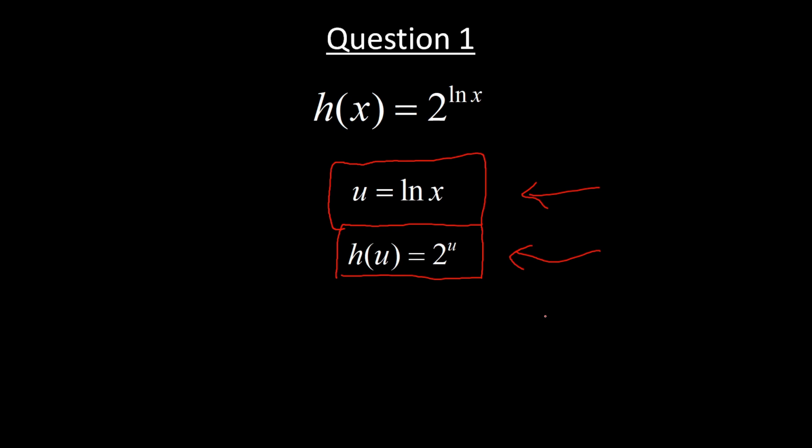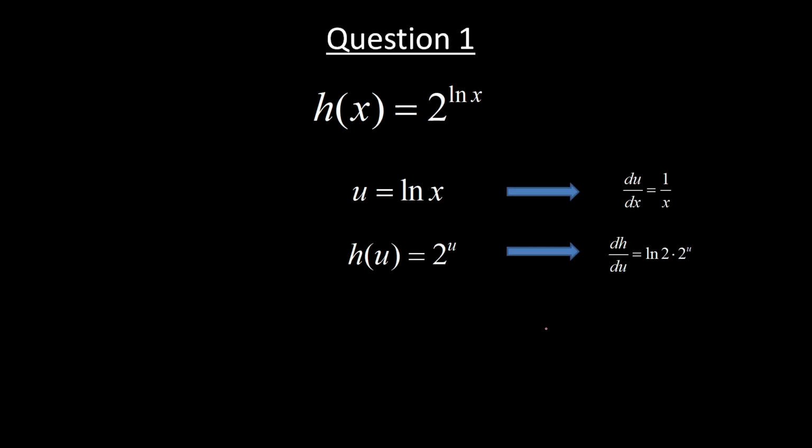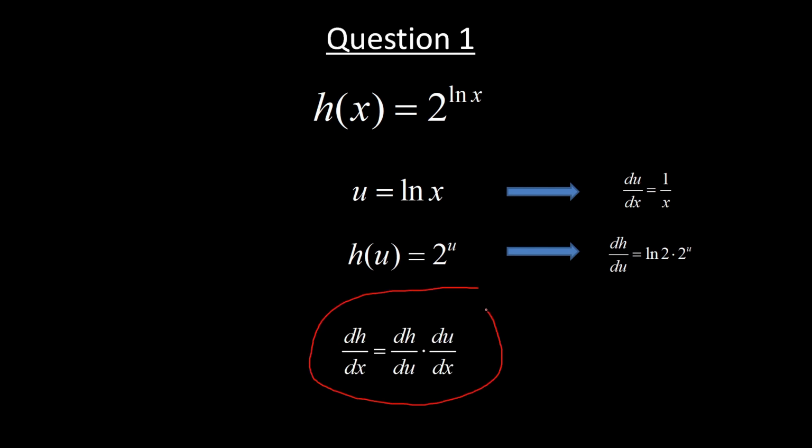And so we'll take their derivatives. The derivative of log x is 1 over x. The derivative of 2 to the u is log 2 times 2 to the u. We'll take these pieces and put them into the chain rule.